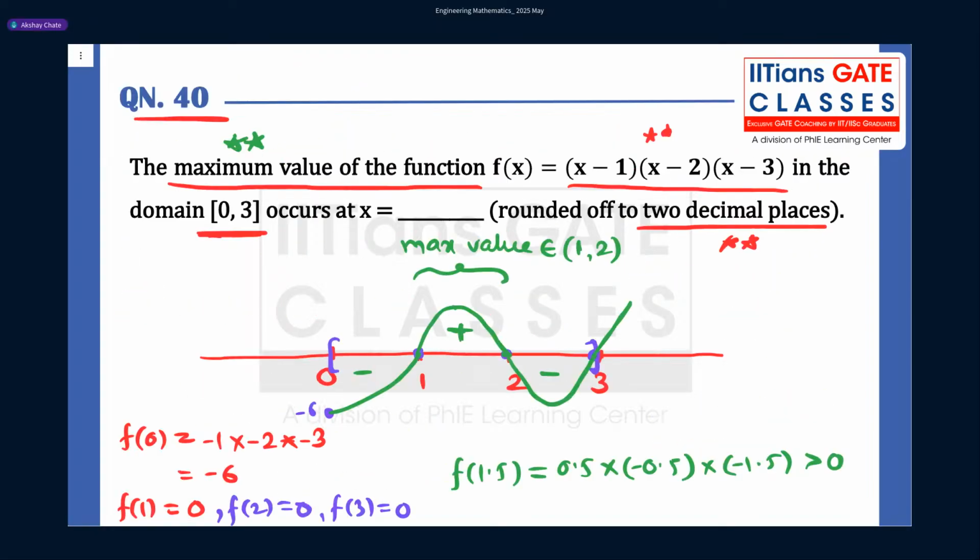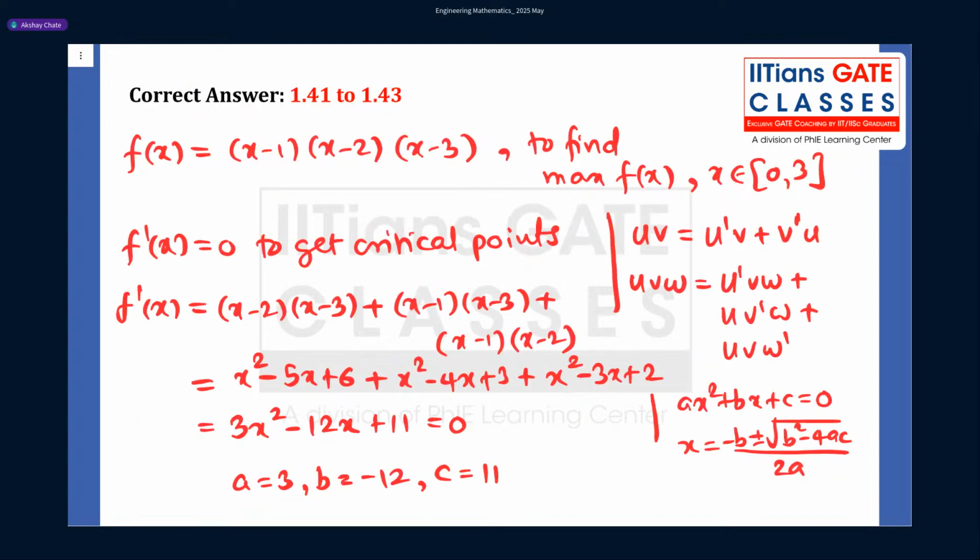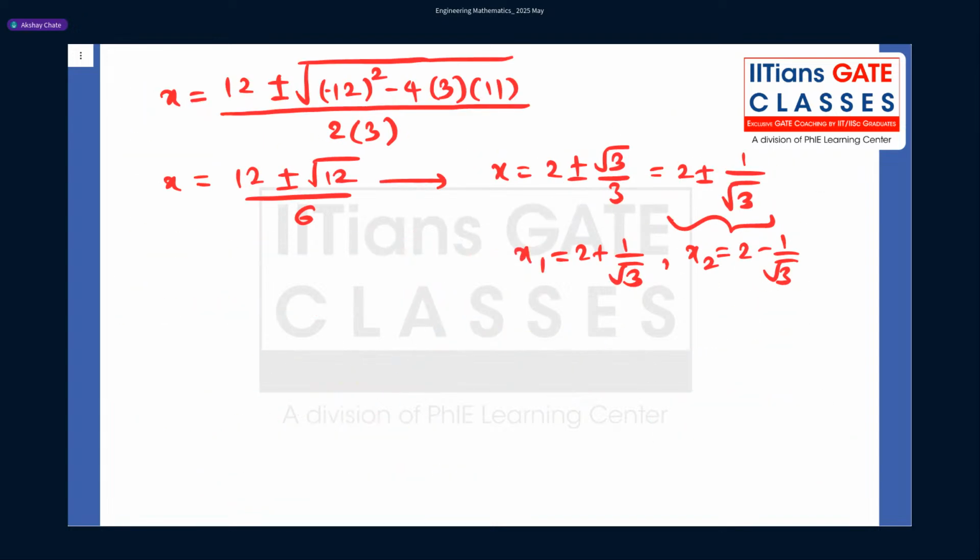So if you go back to the nature of your f of x, from here you knew that the maximum value is between 1 and 2. So which one of these values lies between 1 and 2? Clearly the second value, right? This value is greater than 2, no? So it cannot be the maximum because we know the nature of your f of x. So you could have directly answered that the answer is 2 minus 1 by root 3.